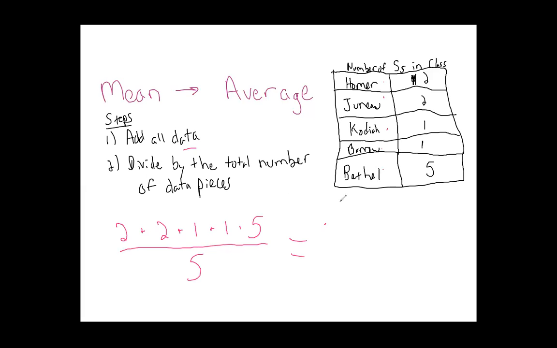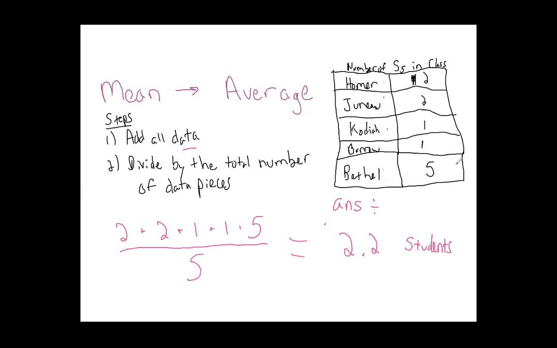And then what's going to show up on my screen is answer divided by 5. And I get 2.2 students. That's the average number for today.